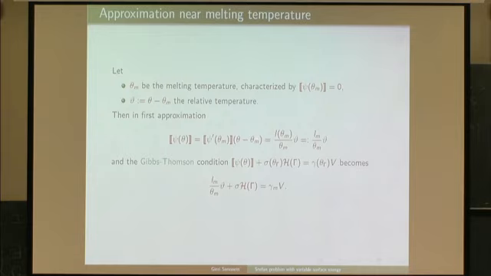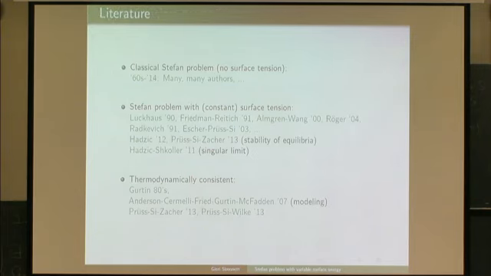And what you get out is something that is probably more familiar, the Stefan problem with surface tension, and here you clearly see that relative temperature is proportional to mean curvature. If you were to set sigma to be 0, then you would be back at the classical Stefan problem with kinetic undercooling, and if you set this coefficient 0, then it's the classical Stefan problem.